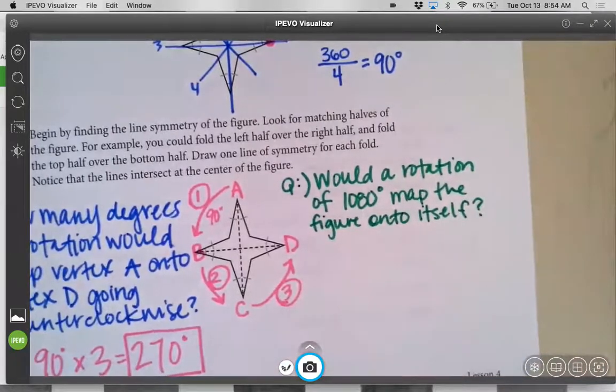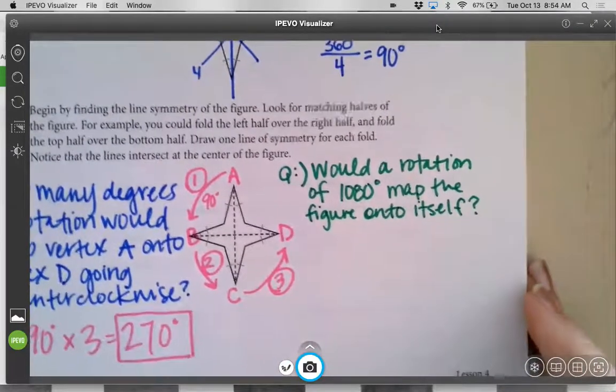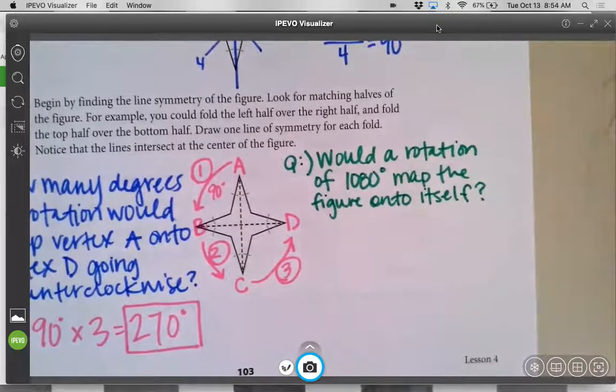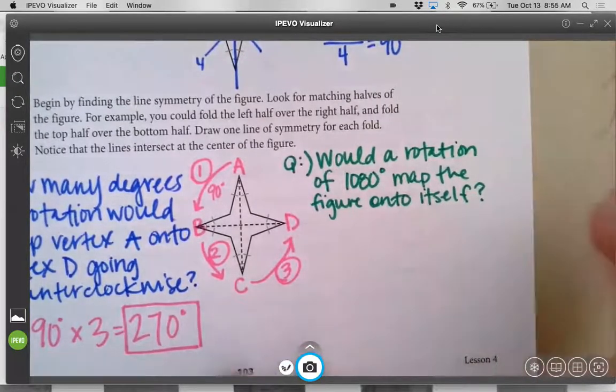Now, on a question like this, you got really two options on how to figure it out. I think one is a little bit quicker than the other, but there are two different ways. Obviously, 1080 degrees, that's a lot. How could you maybe start solving this problem? Good. You could divide it by 360. Honestly, I think I would subtract from 360.